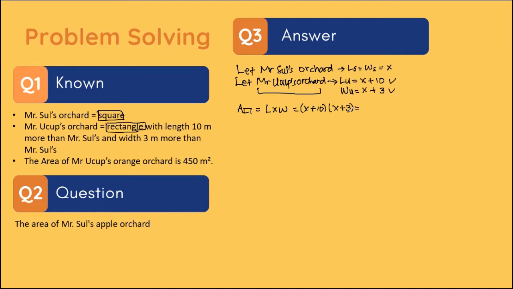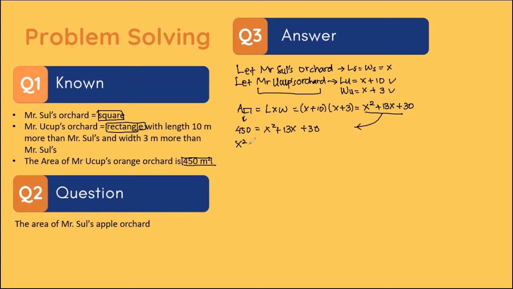And this equation will generate x squared plus 13x plus 30. And then from the known, we know that the area of Mr. Ucup's orange orchard is 450 meters square. So we can write here the area is 450. It should be equal with our equation x squared plus 13x plus 30.